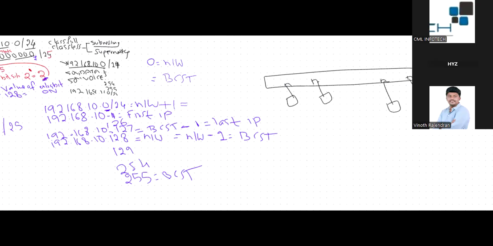So this IP you can give 192.168.10.1, and this is 192.168.10.2, slash 25. Okay, 10.1 and 10.2.